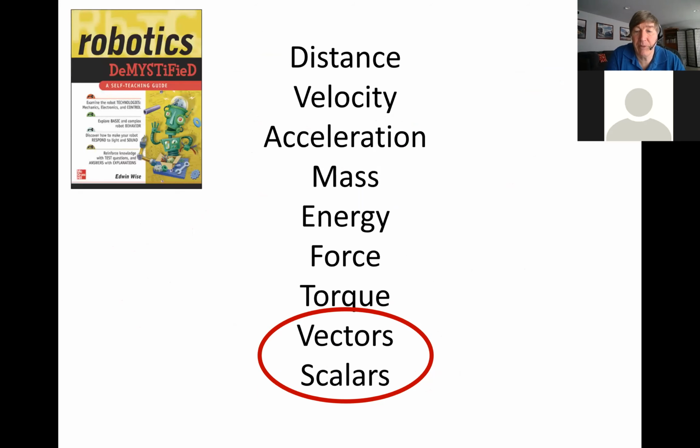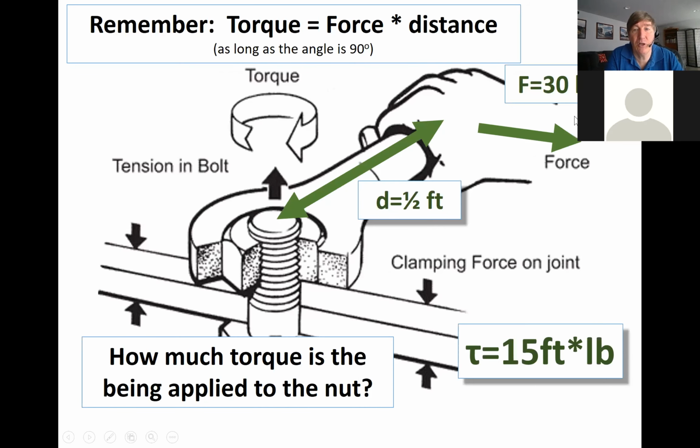Oh, and by the way, let me go back up here again. Don't be surprised if instead of saying 30 pounds, I might say 100 newtons. And instead of saying a half a foot, I might say 0.7 meters. So in that case, what would the units be?